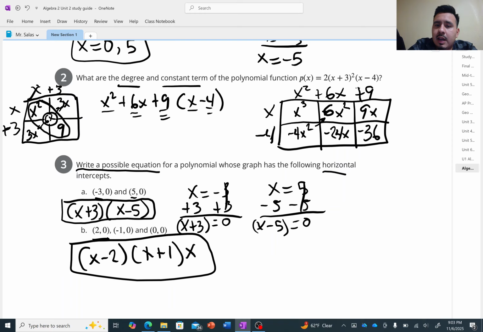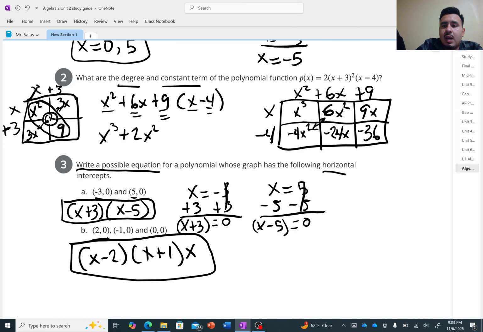So I'm going to add the diagonals. That's going to be an x cubed. X to the power of 3. I add the diagonals. Negative 4x squared plus 6x squared, that's going to be a positive 2x squared. A negative 24x plus a 9x, I'm going to take negative 24 and add it to a 9.